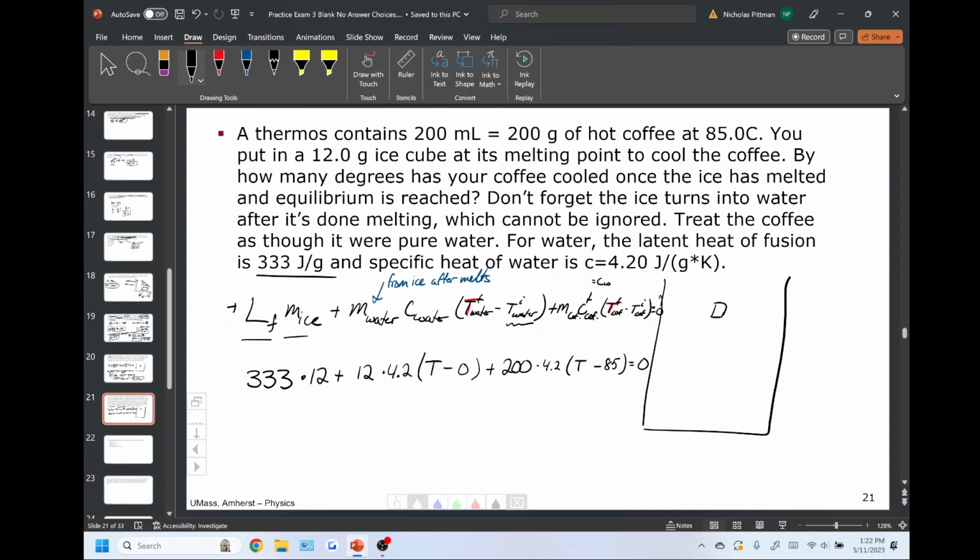So now I'm going to plug this into Wolfram. If you guys don't know, Wolfram Alpha is really strong, and it can solve equations.